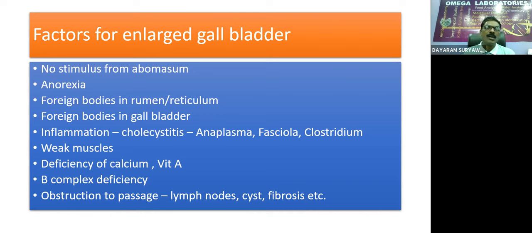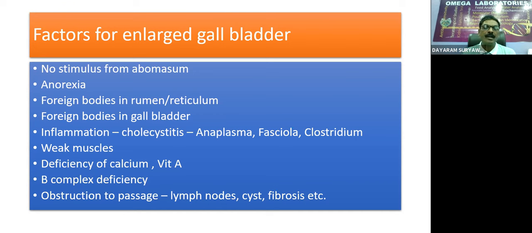Then weak muscles, especially the smooth muscles, those are required for the normal peristaltic movements. If they are weak in physiology, then they may not be able to empty the bile which is present in the bladder, and that may lead to the retention of bile.